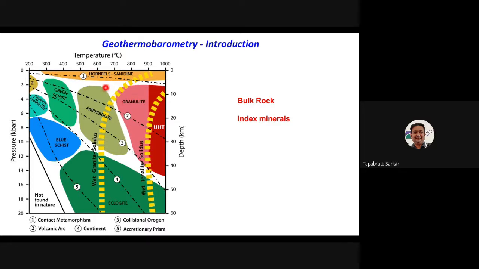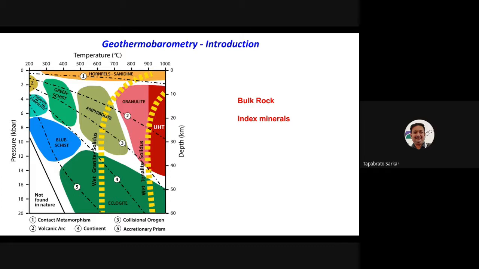That gives a range of pressure and temperature, but we are not sure which region of the amphibolite facies the rock was metamorphosed in. This is a little more precise than a single mineral, but it is also a qualitative way of determining the pressure and temperature conditions of metamorphism.